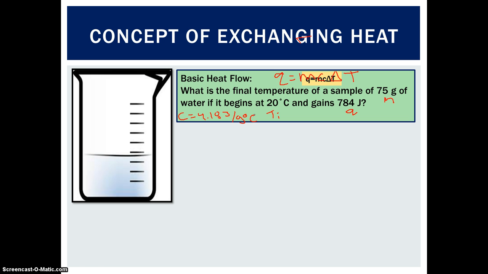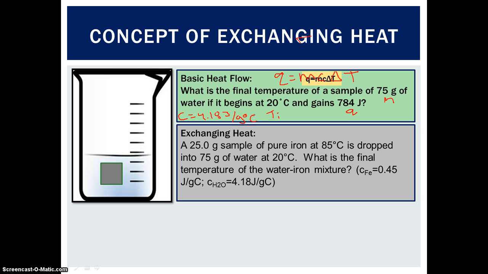What's different about heat exchange is you take now, and a lot of our examples will involve something like this. You take, say, a block of heated iron and drop that into the water. That energy, that 784 joules potentially, are coming from the iron.